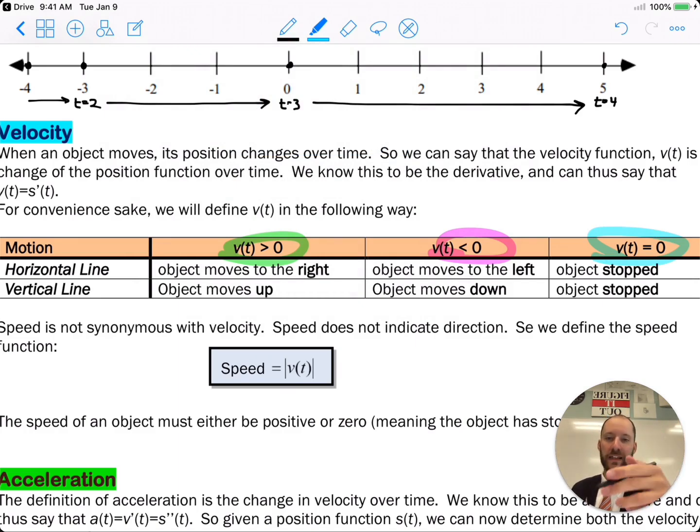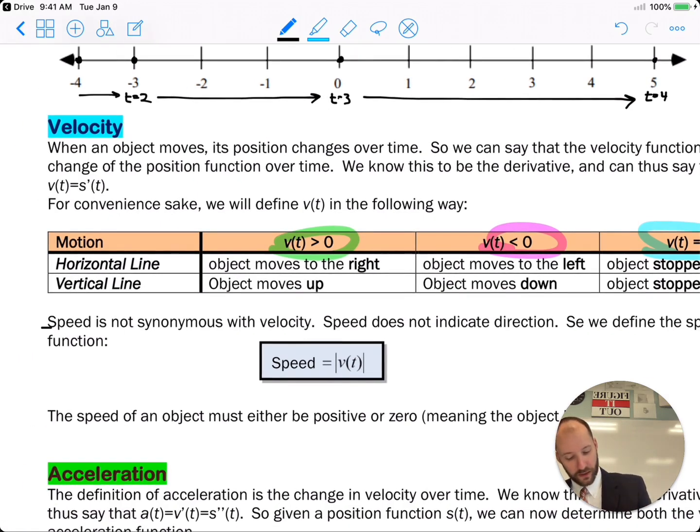So on a horizontal line, positive velocity, you're moving right. On the vertical line, you're moving up. If your velocity is negative, an object is moving left on the horizontal line, down on the vertical. And of course, if your velocity is 0, then your object is stopped. You're not moving. You don't have any velocity.